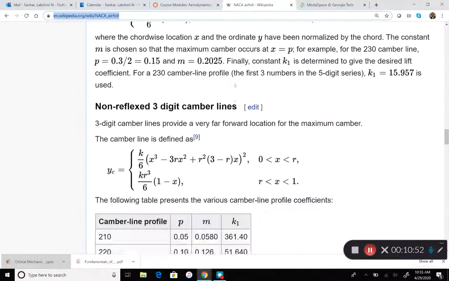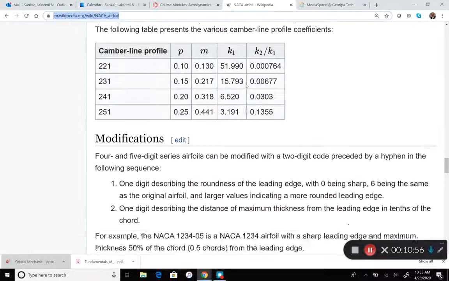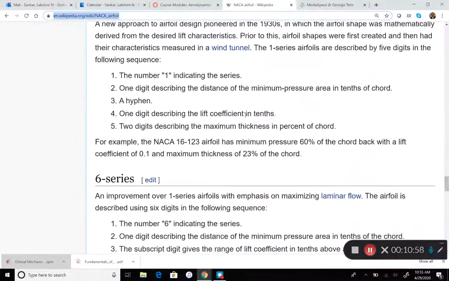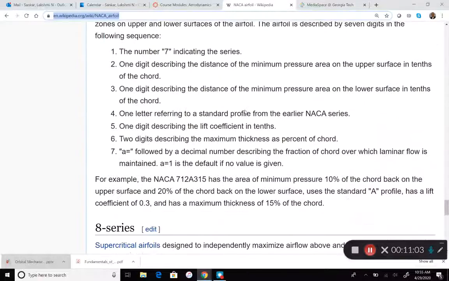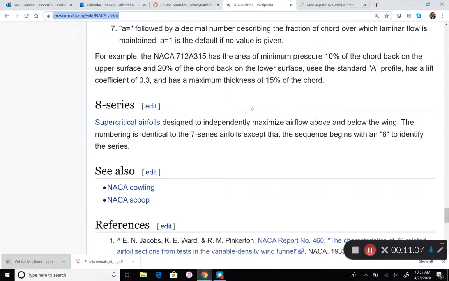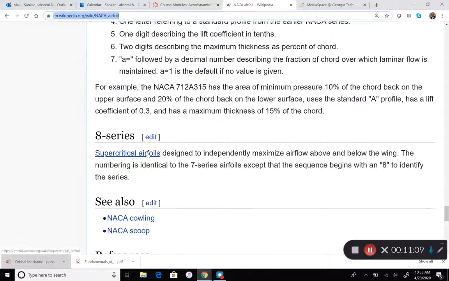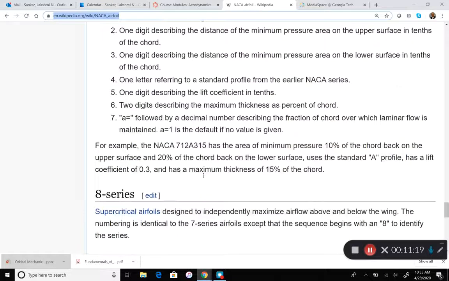Likewise, they have developed 6-digit and 7-digit series, and NACA stopped developing their own airfoils at some point, and industry started developing their own airfoils. So here are airfoils that we talk about. Later on, we'll talk about supercritical airfoils, primarily for transonic flow. When we get to compressible flow, chapter 11 in our textbook, we will go to supercritical airfoils.